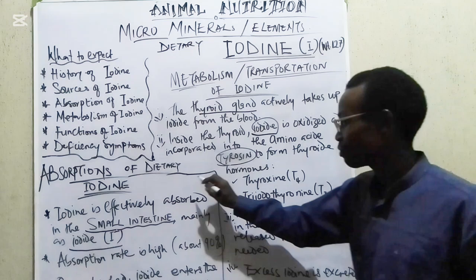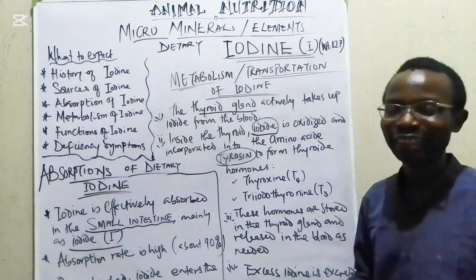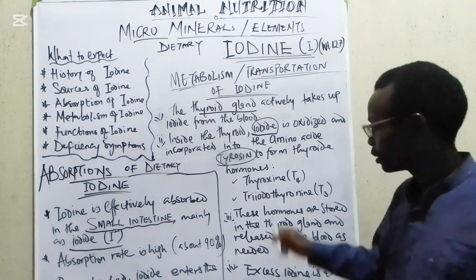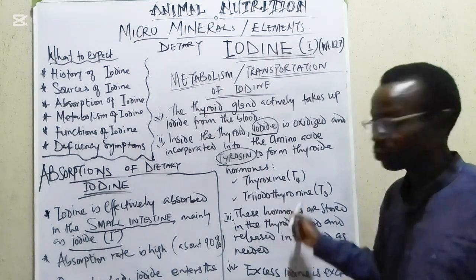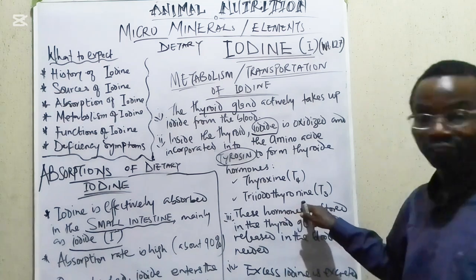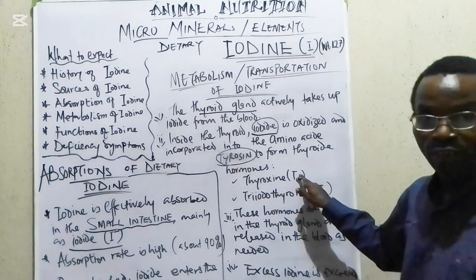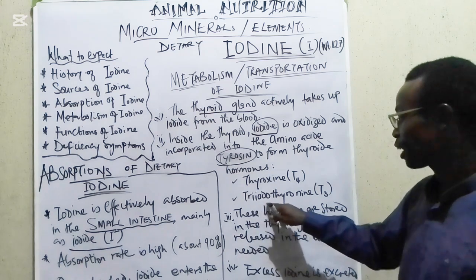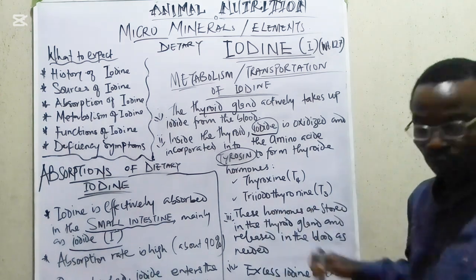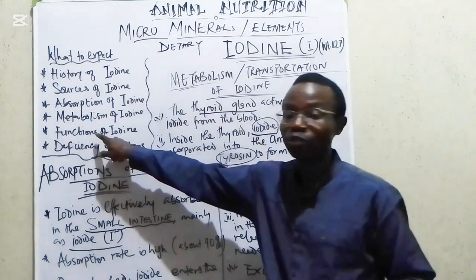Thyroxine is 3,5,3',5'-tetraiodothyronine. Another hormone that they produce is triiodothyronine. So thyroxine is represented by T4 and triiodothyronine is represented by T3. Now these are very important. We're going to see their functions when we get to the functions of iodine.